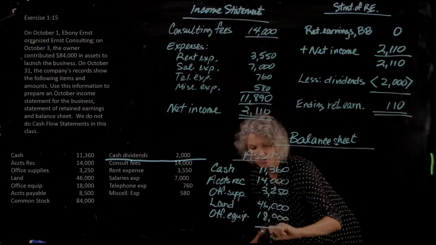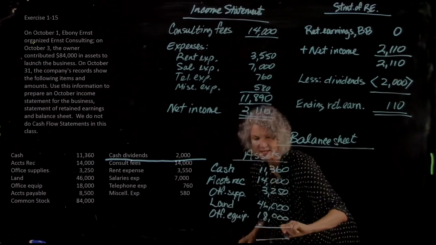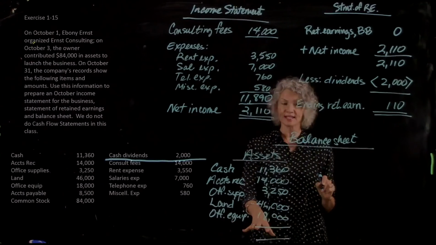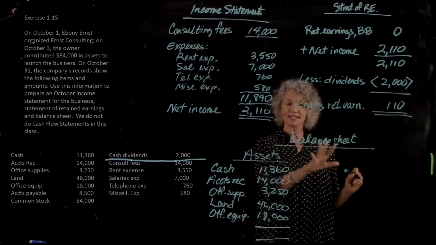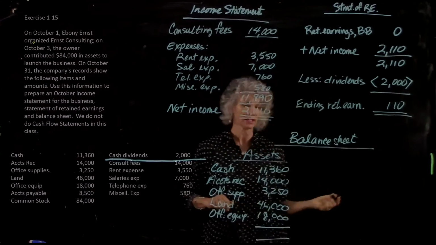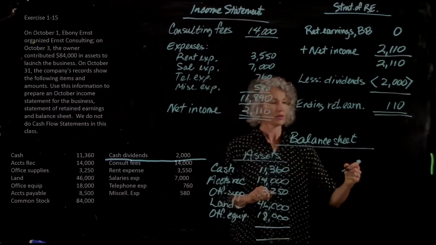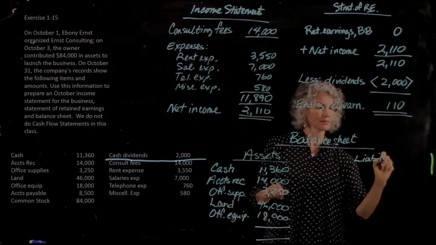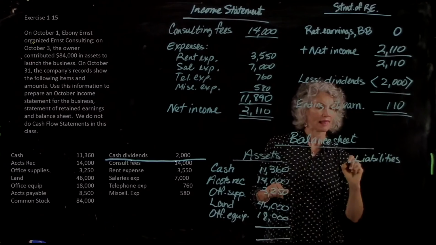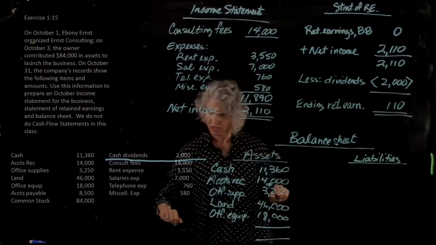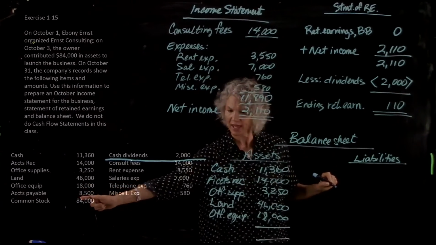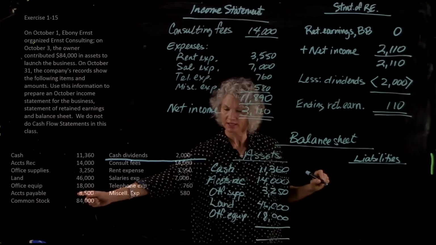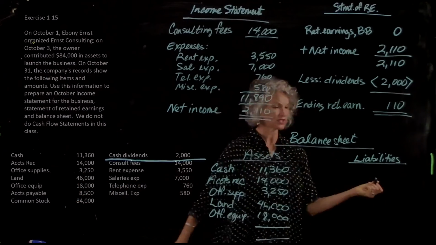So I need to total these assets. Hopefully the total of these assets will be the same as the total of liabilities and owner equity. Okay, so I'm going to start over here with liabilities. Okay, accounts payable. It appears that is the only liability because the next item is common stock.